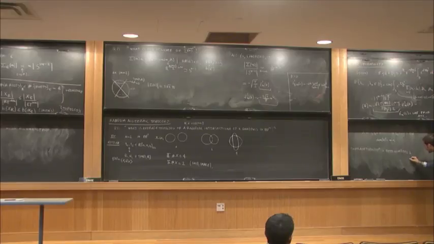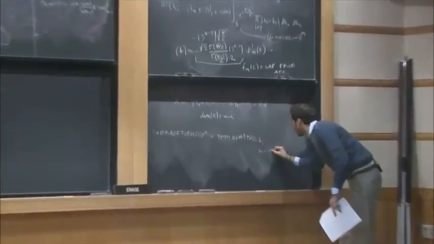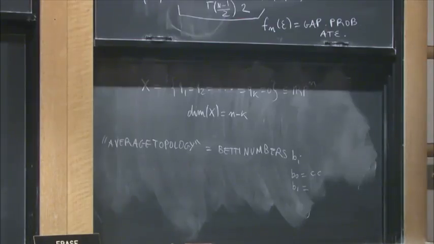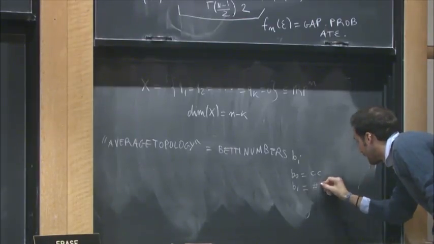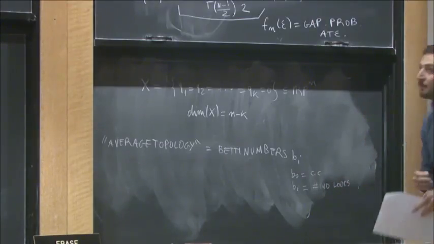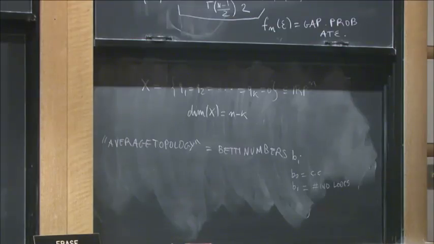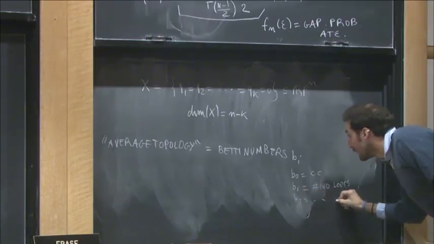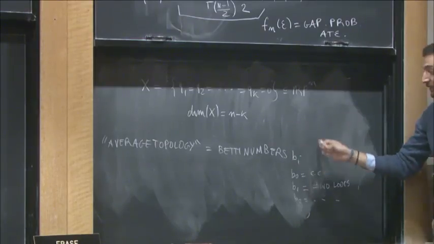So for example, b0 is the number of connected components. b1 is the number of independent loops in this set. So it's the number of independent loops. And then b2 is somehow the number of independent cycles of dimension 2, and so on. And what I'm going to ask is, what is the average behavior of these numbers?